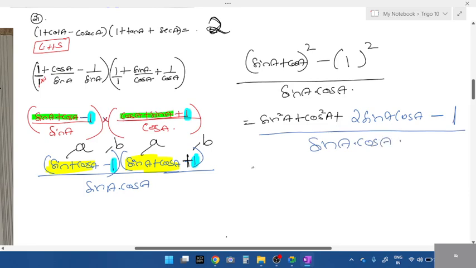What's the value of sin square A plus cos square A? Okay. Plus 1 and minus 1 gets cancelled.